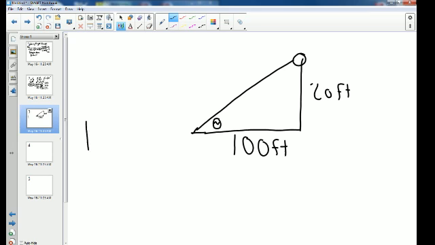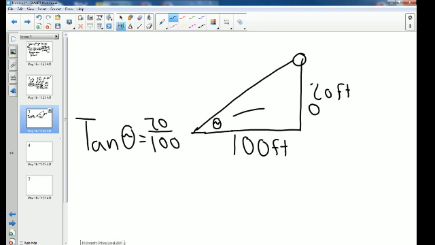So it's tan delta equals opposite, which is this, because it's opposite of the angle, over adjacent, which is next to it. So it would be 20 over 100.